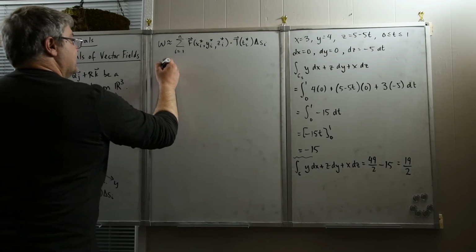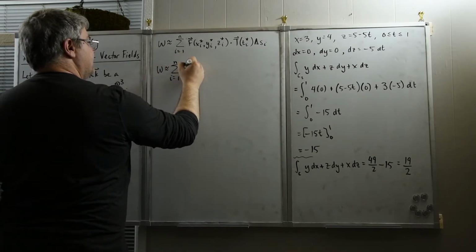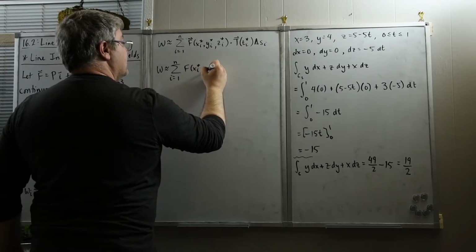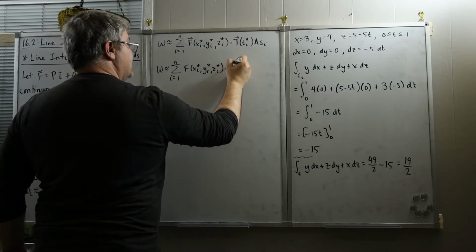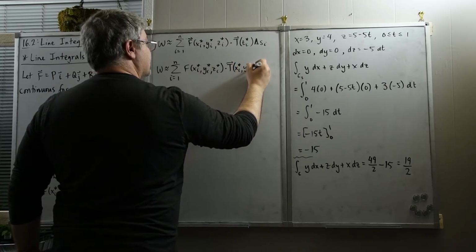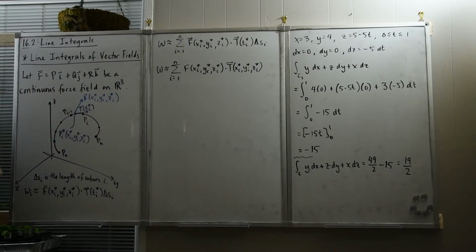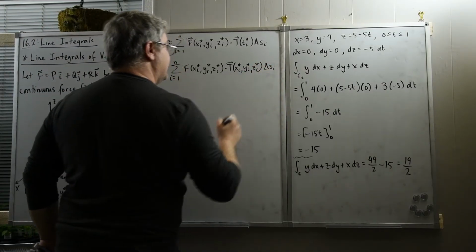And so we could write this as W is approximately the summation i equals 1 to n of F of Xi star, comma Yi star, comma Zi star, dotted with T of Xi star, comma Yi star, comma Zi star, because after all, what is this tangent vector based on? It's based on this representative point we chose. And then you've got your delta Si.